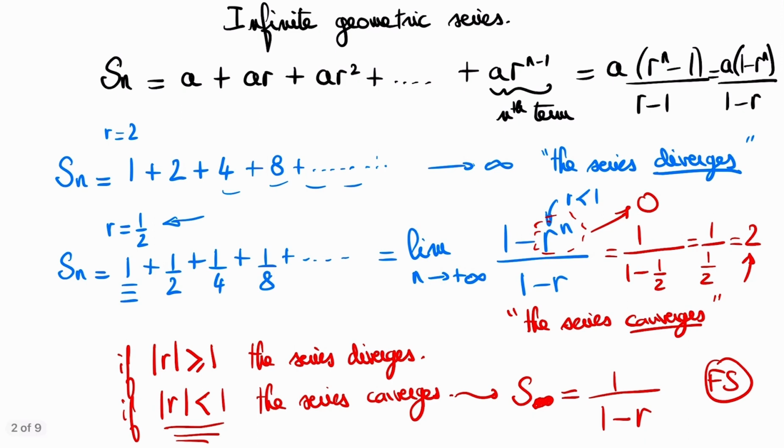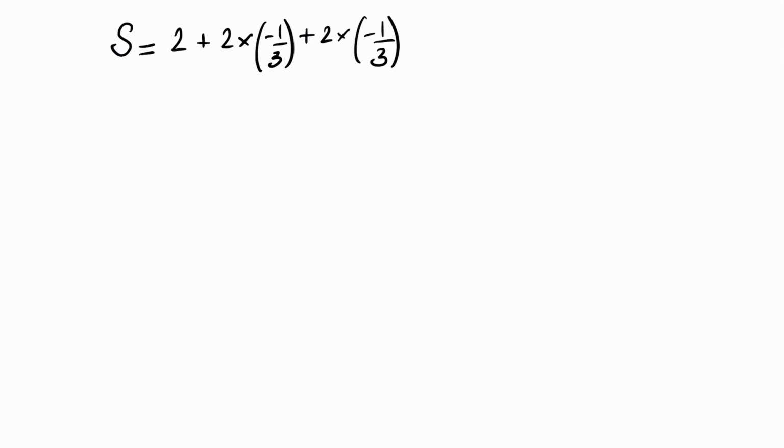Let's do an example. Say we have an infinite series which starts at 2, for a bit of a change, plus 2 times minus 1/3, plus 2 times minus 1/3 squared, and so on infinitely.